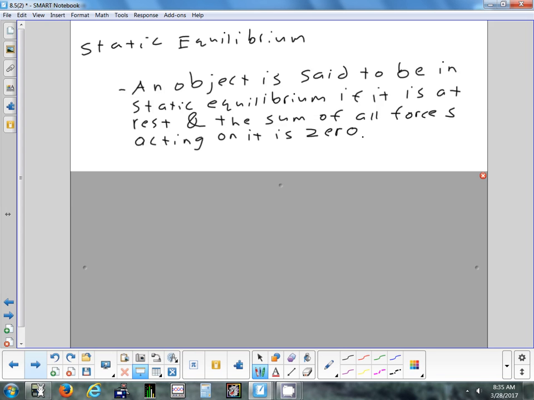Like if you had a traffic light hanging from two cables, what direction would the traffic light want to travel in if you were to cut one of the cables? How would it travel? Can you break it up into components for me? Well, if you cut the left wire, it would swing to the right.